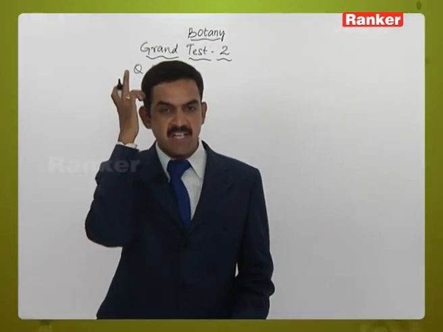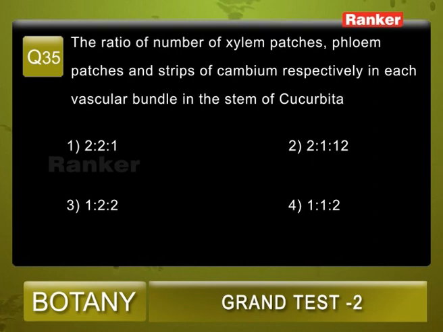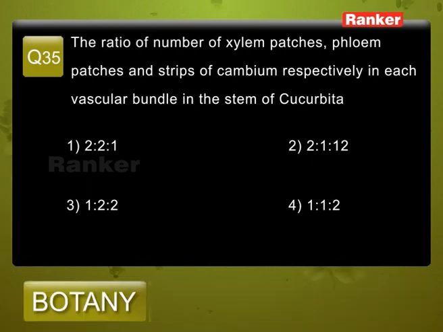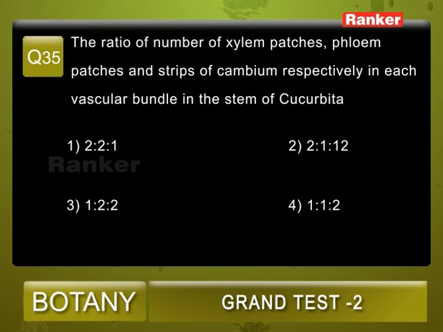Question number 35: the ratio of the number of xylem patches, phloem patches and strips of cambium respectively in each vascular bundle in the stem of Cucurbita. Options: 1, 2:2:1; 2, 2:1:1; 3, 1:2:2; 4, 1:1:2.